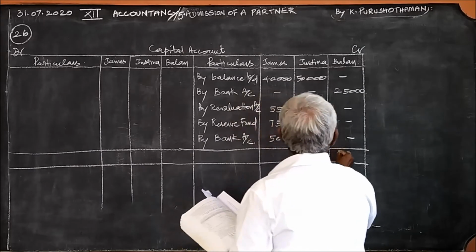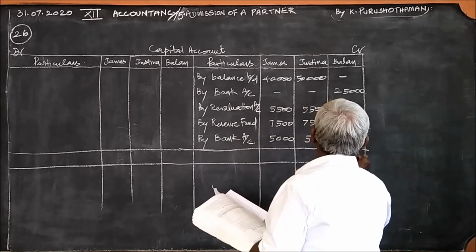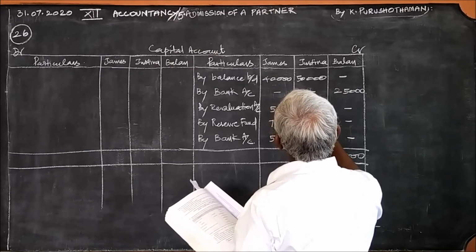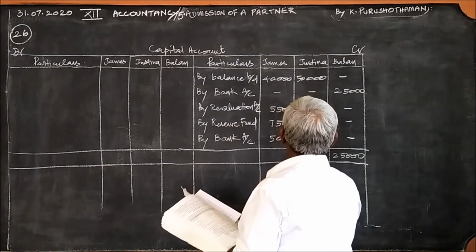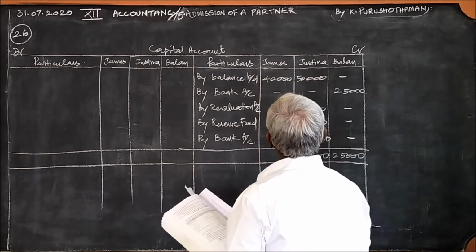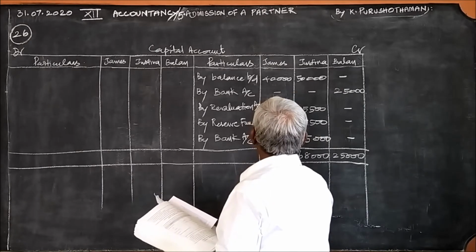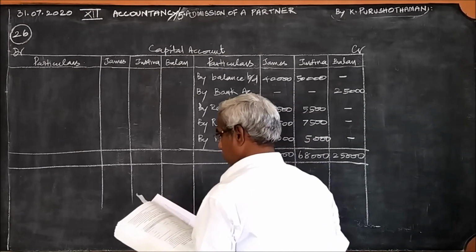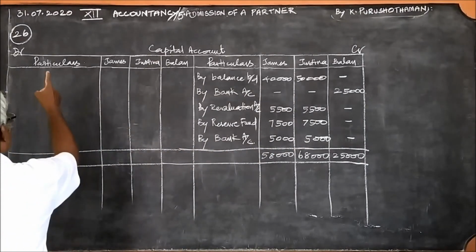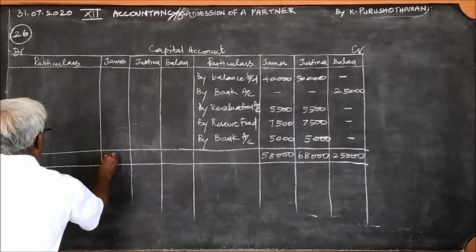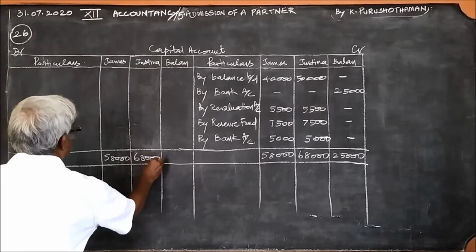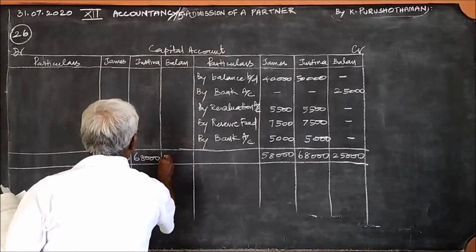This side, the total, this is 25,000. Here it is 68,000. Here it is 58,000. So 58,000, 68,000 and 25,000 is the total. Here nothing, therefore you write the same total: 58,000, 68,000 and 25,000.